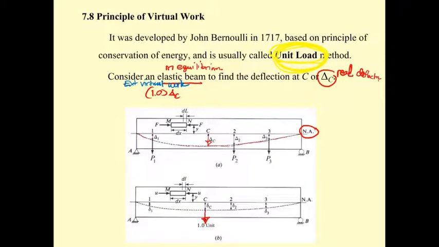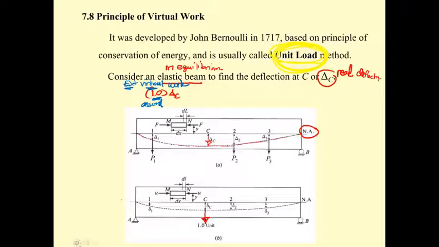It's work because it's a force times a displacement. Since the force is assumed, the work is virtual work, and since it's external to the beam, it's external virtual work.